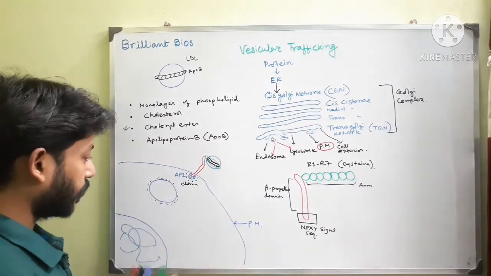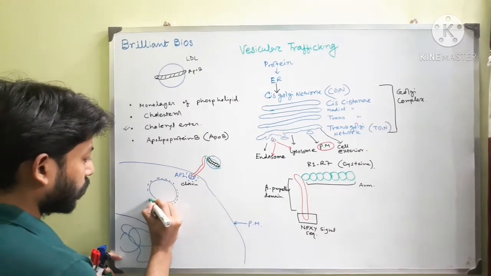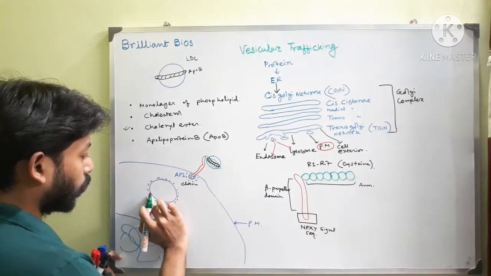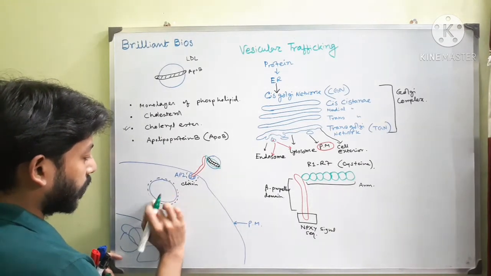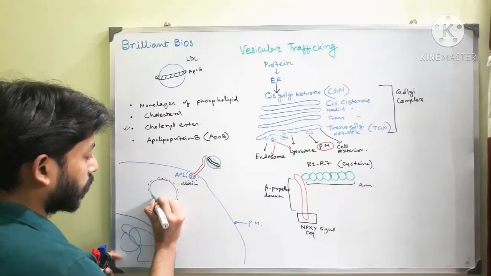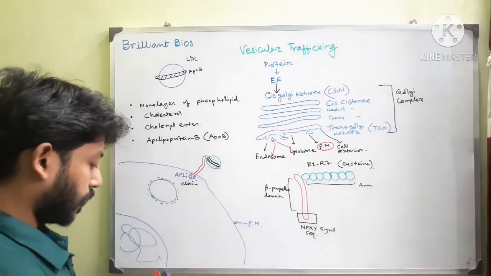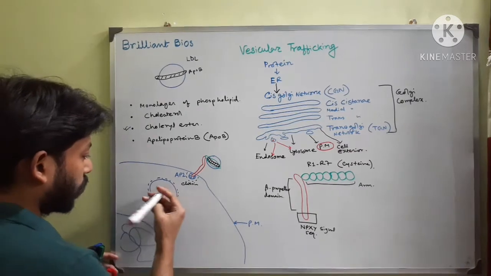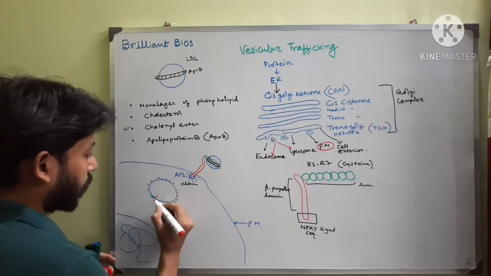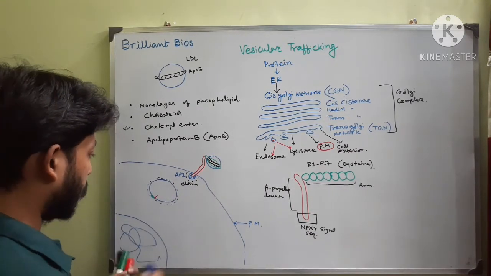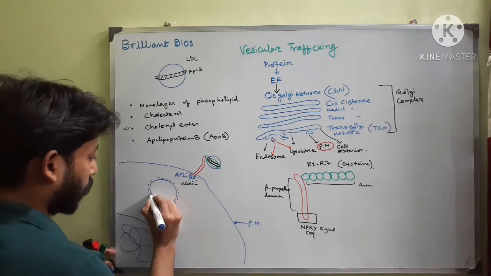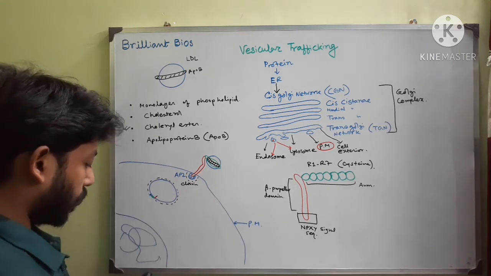So I am writing here. Let's suppose this is, sorry, it will be inside. So this is the green portion, this is the red portion of the receptor, and let's suppose this is the LDL that has attached with it.